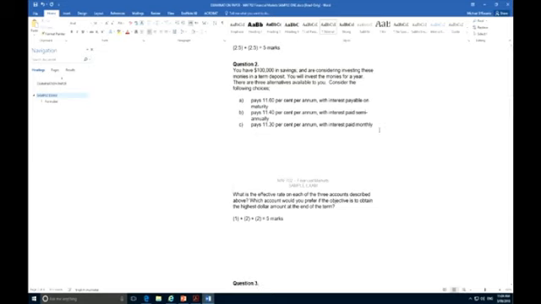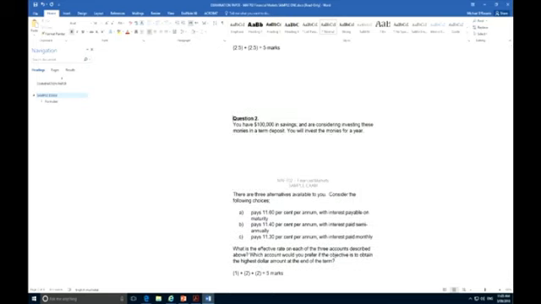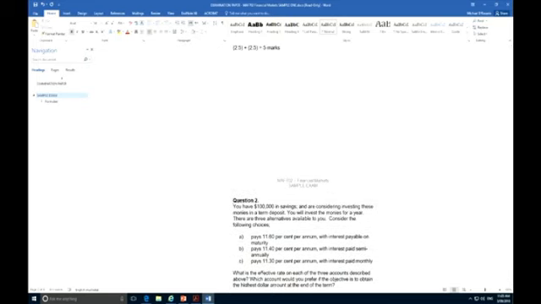This next question requires that you have an understanding of the distinction between nominal and effective rates. So obviously on bank product disclosures, you'll have an effective rate quoted and a nominal rate quoted. You need to appreciate how the bank moves from a nominal to an effective rate. The nominal rate is simply the per annum rate that doesn't account for compounding. The effective rate is the per annum rate that does account for compounding.